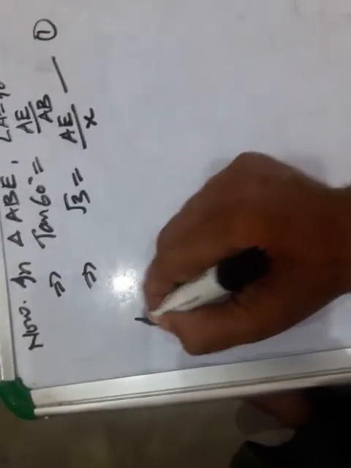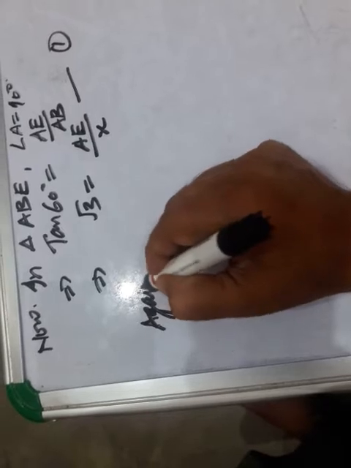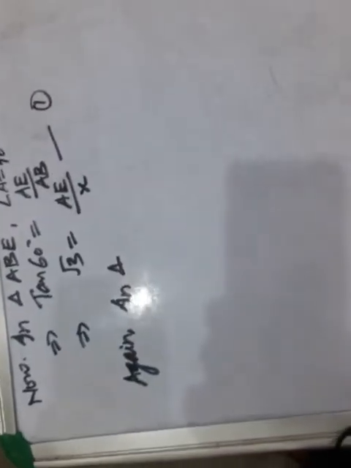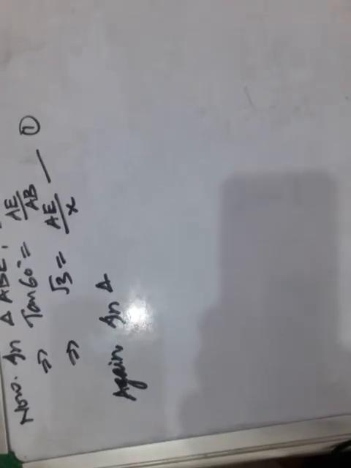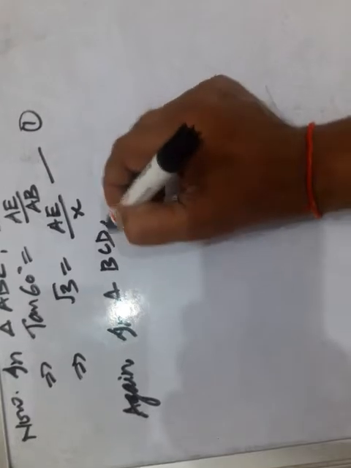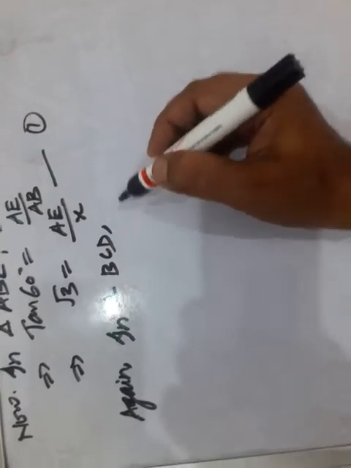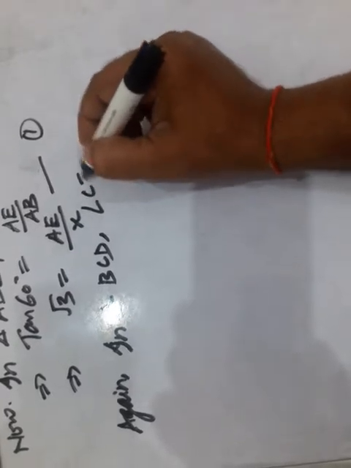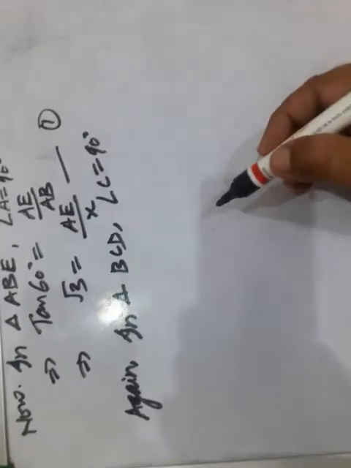Again, in triangle BCD, what is there? Angle C equal to 90 degrees.